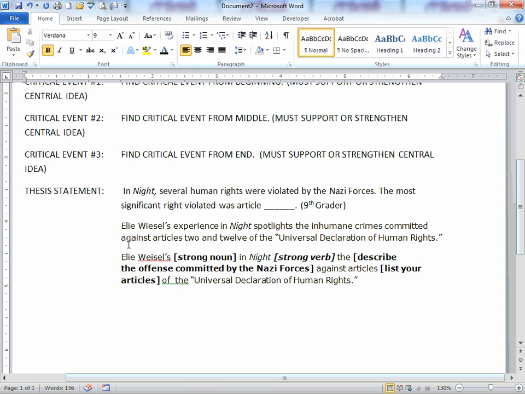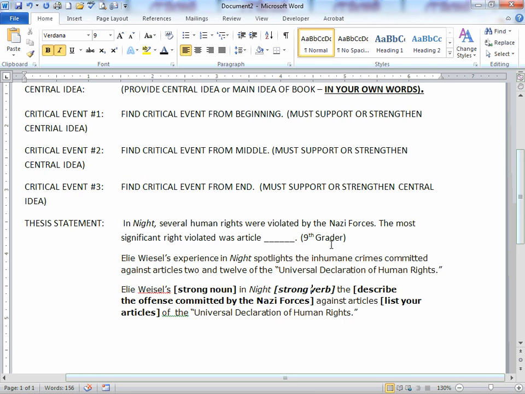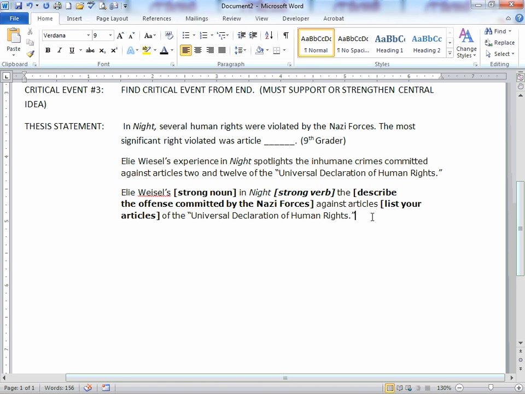All right, so Elie Wiesel's, then bam, strong noun. Elie Wiesel's harrowing tale in Night, strong verb. Highlight the offensive, horrible crimes committed against Articles 2, 7 and 9 of the Universal Declaration of Human Rights.